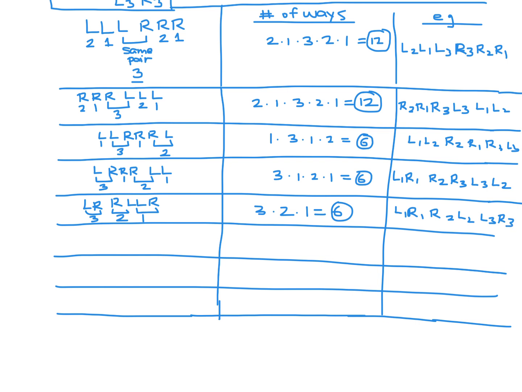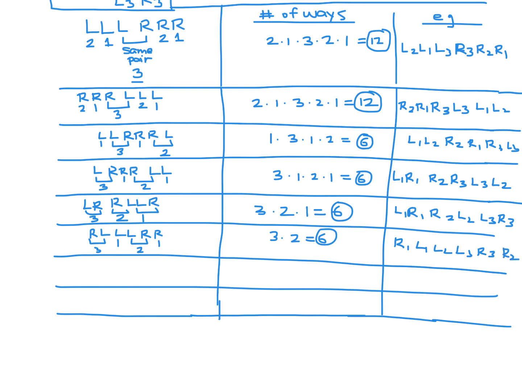Okay. And we got a few more. And let's see here. The next one, R, L, L, L, R, R. This is the same. That's 3. That's 2. That's 1, 1. 3 times 2, 6. An example of that, R1, L1, R2, L3, R3, and R2.